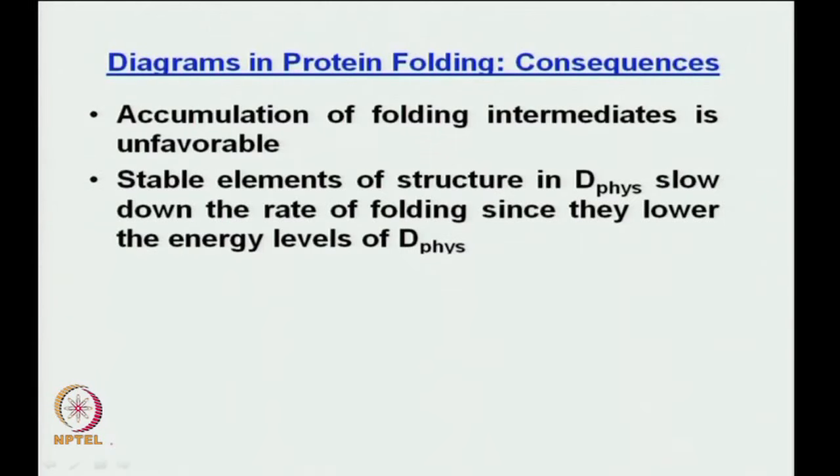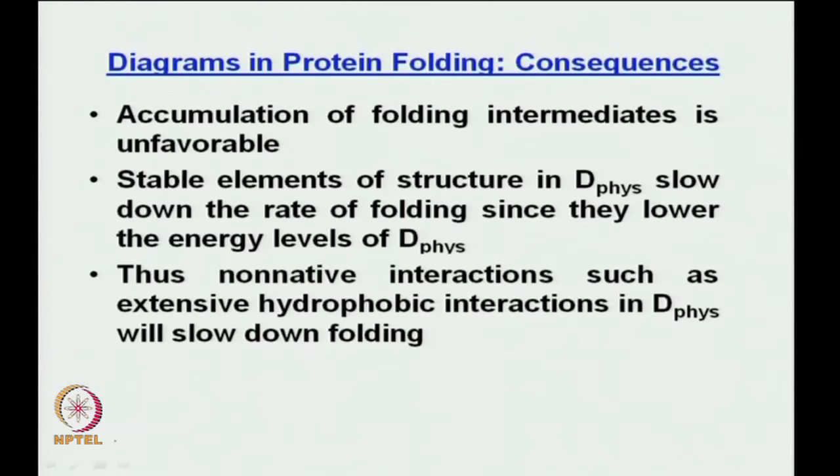Now, stable elements of structure in the physiologically denatured state slow down the rate of folding, since they lower down the energy levels of D physiological. That is what we have also seen. This is just being rephrased. Non-native interactions such as extensive hydrophobic interactions in the physiologically denatured state would do what?